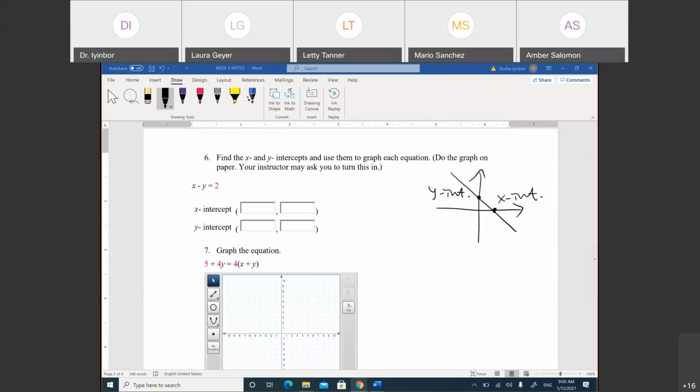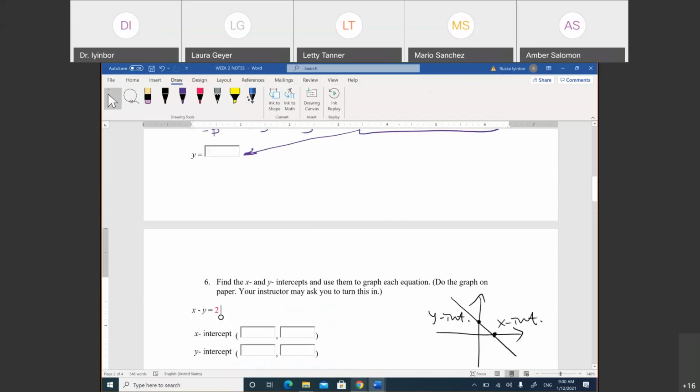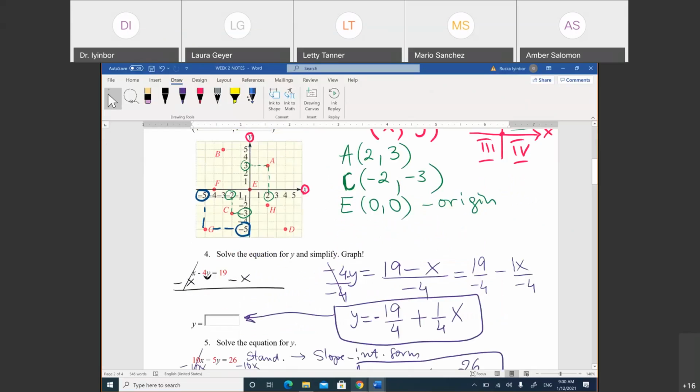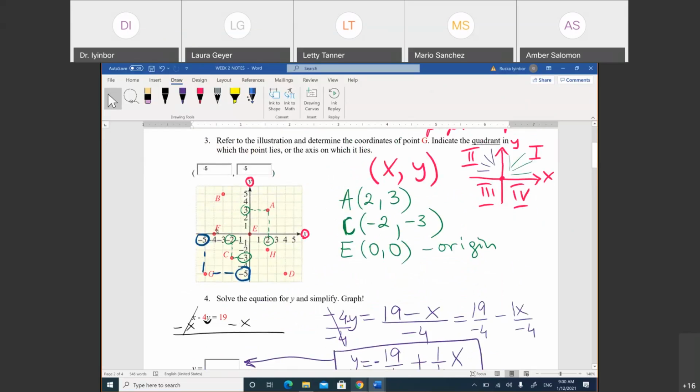So now you have the x-intercept and the y-intercept. And if you look at the coordinates we talked about in the beginning, let's say I take the point F, it's on the x-axis. Point F has coordinates -4, 0.